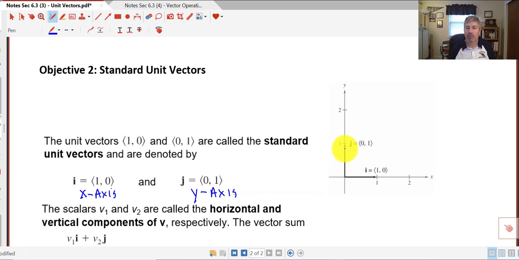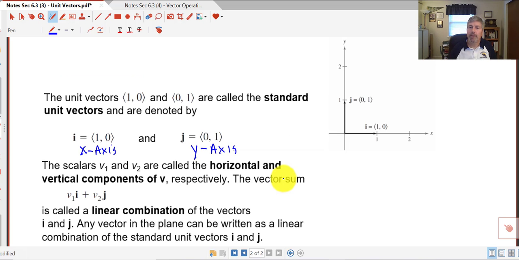And each vector has a magnitude of 1, of course. They're unit vectors. And of course, we can scale the unit vectors. The scalars v1 and v2 are called the horizontal and vertical components of v, respectively. So along the x-axis is going to be my horizontal component. Along my y-axis will be the vertical component.